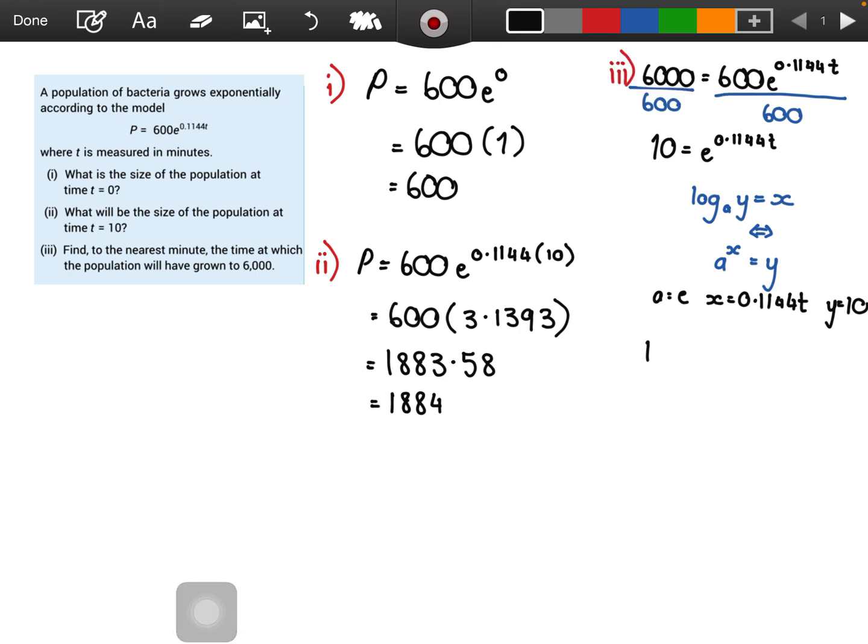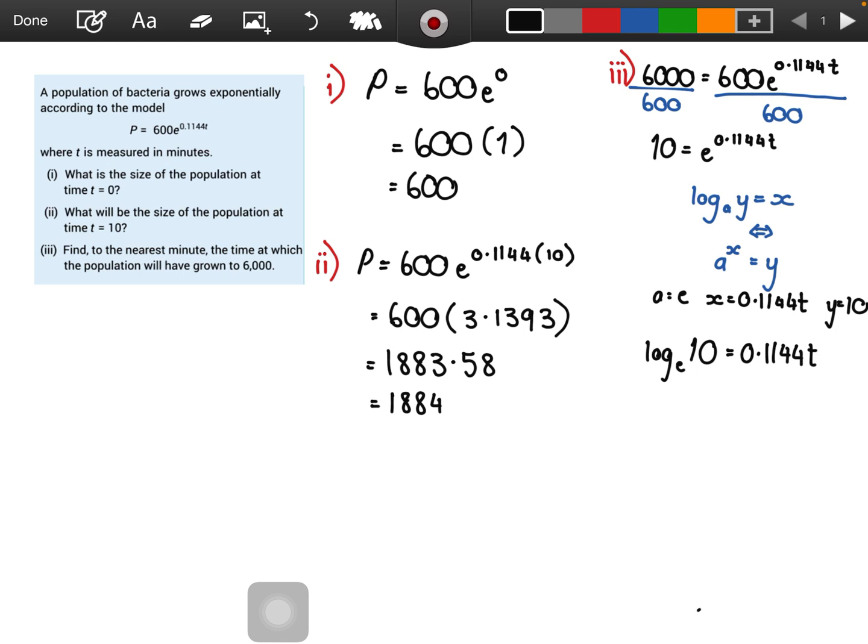So we're going to have log, and the base a is now going to be e, of 10 is equal to x, so it's equal to 0.1144t. Then you can figure out what log with a base e of 10 is. To press e on your calculator, it's beside where pi is, it's in red, so we press the red alpha button to get to it.